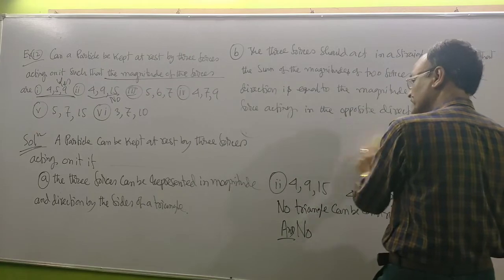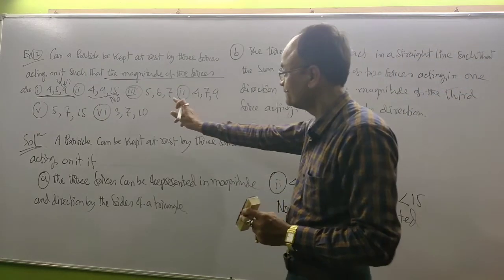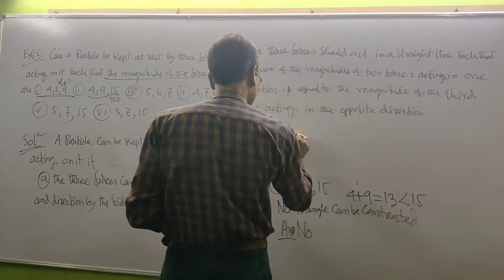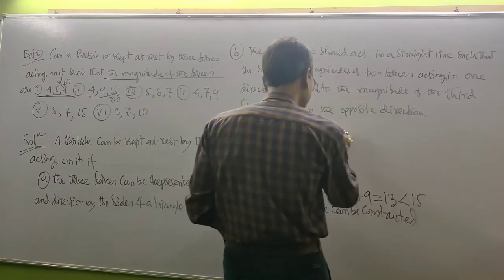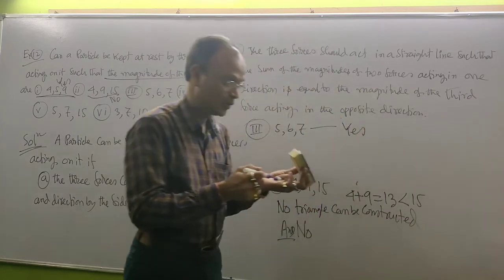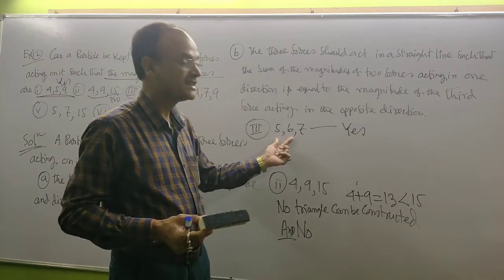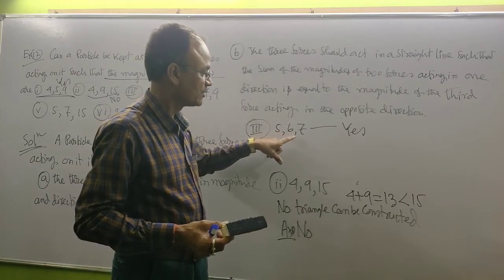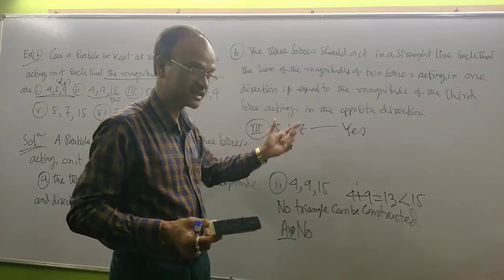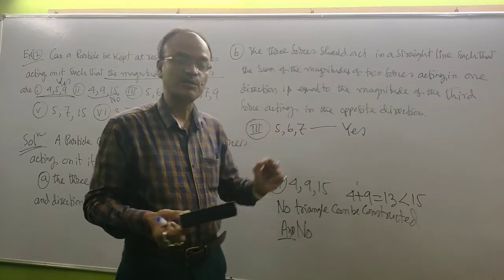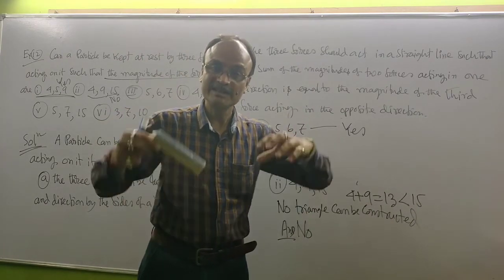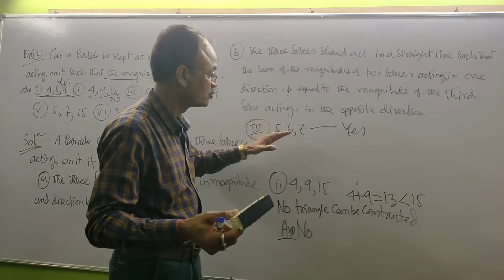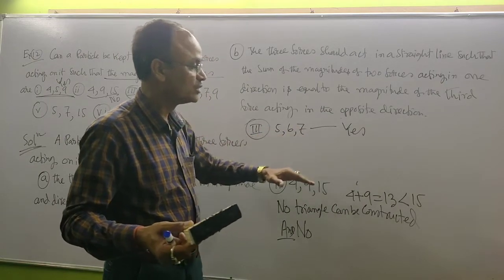Now number 3: 5, 6, 7. Answer is yes. Why? By the law of triangular forces, a triangle can be constructed by the three forces of these magnitudes. Also, the direction should be the same as the sides of the triangle.